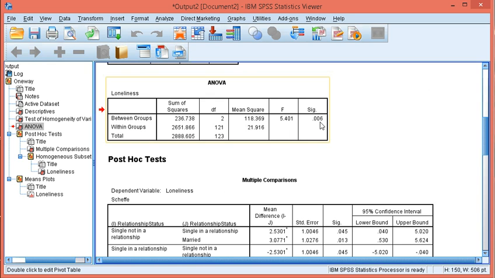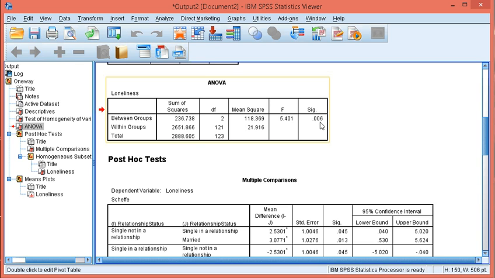And if you look at your significance value, otherwise known as your p-value or probability value, it's much less than 0.05, which tells us that our result is significant and that we can reject our null hypothesis.